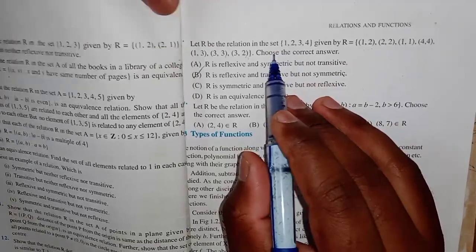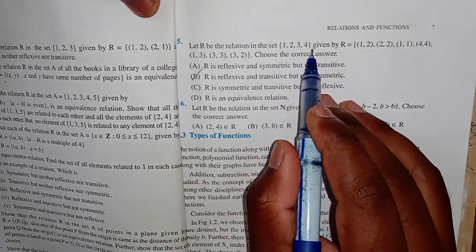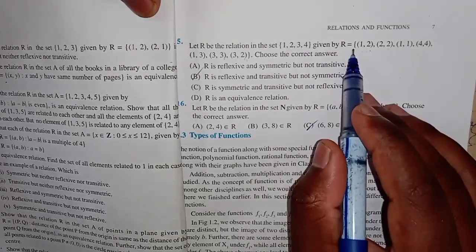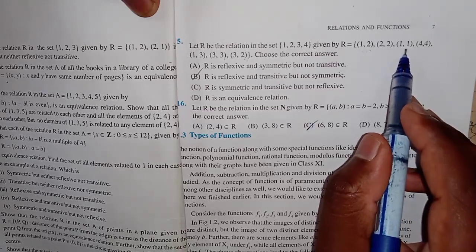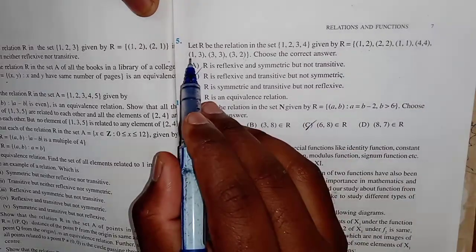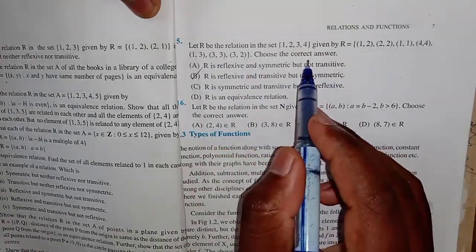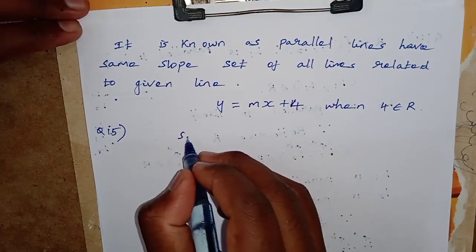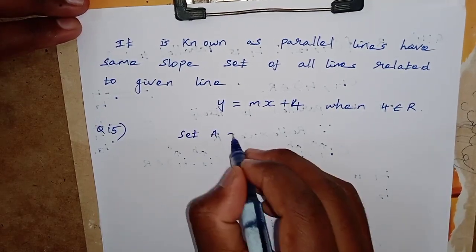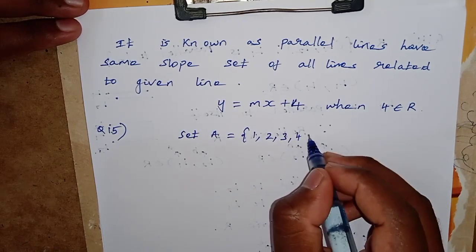Here, one more question. Set A is 1, 2, 3, 4. Relation R equal to (1,2), (2,2), (1,1), (4,4), (1,3), (3,3), (3,2). You have to write set A equal to 1, 2, 3, 4.